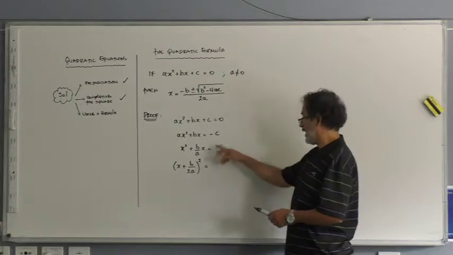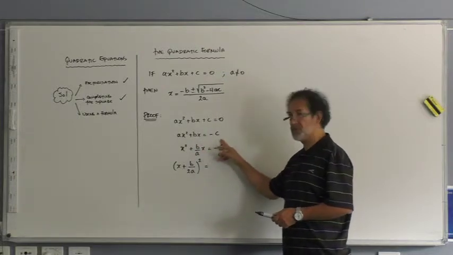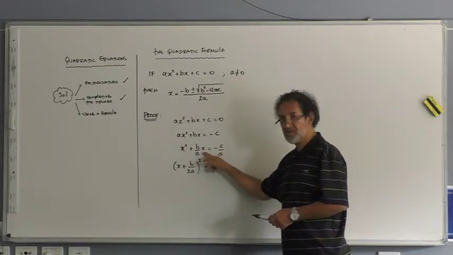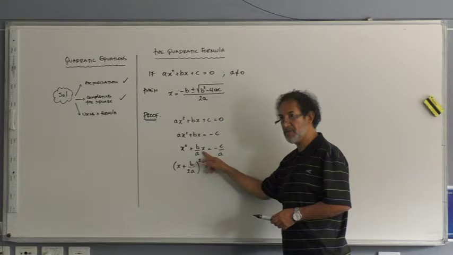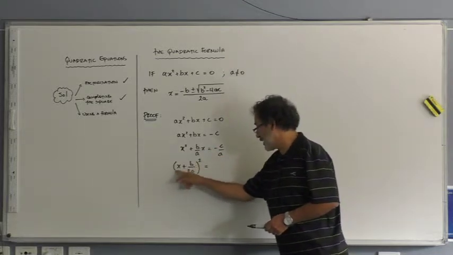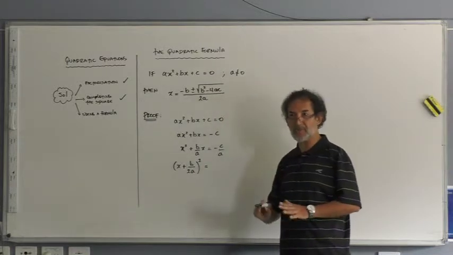Remember what we used to do before? We used to divide this by 2 or multiply by a half, and then we put that in here. And then we used to put a bracket, and the whole thing is squared. That's what we did.